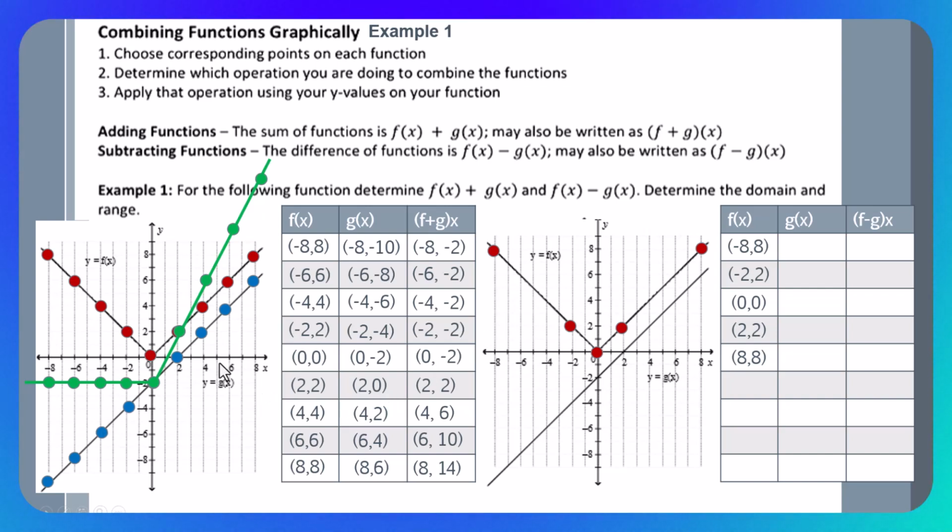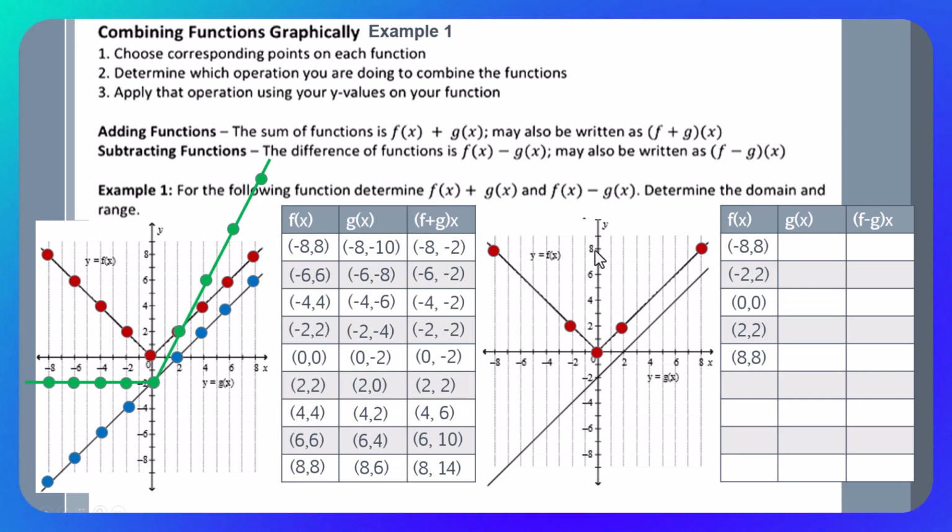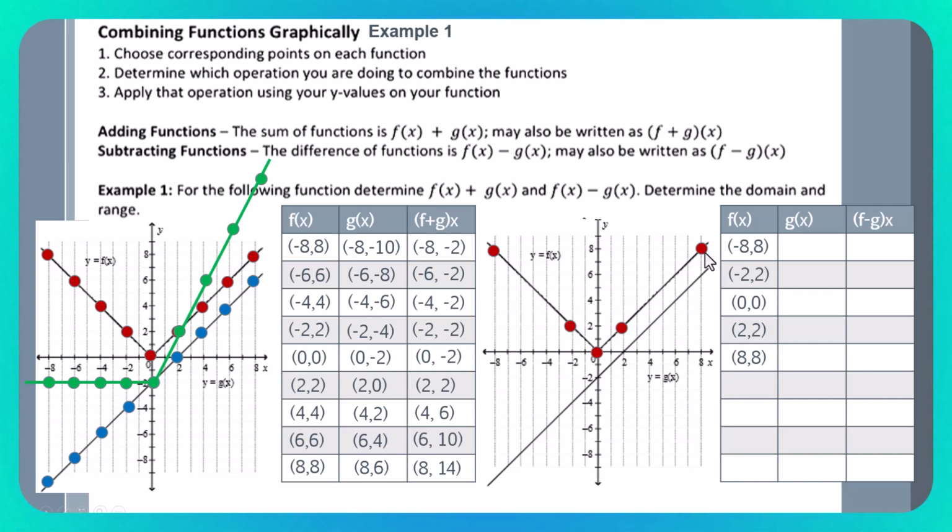Okay, now I'm going to subtract, but I need some points on function g. So let's look at function g and find some corresponding points with the same x coordinates.